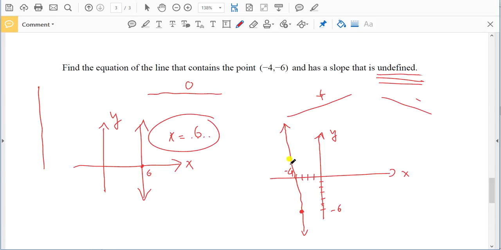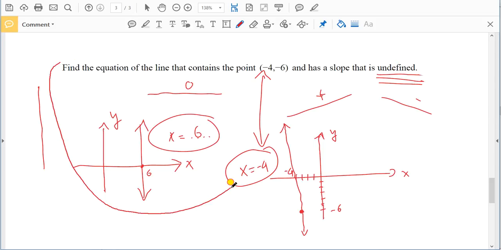So the line must go through minus 4, or x equal minus 4 is the equation of the line. That's the only thing we can have in order for the slope to be undefined. So the equation is x equal minus 4. So just draw the line out and then you'll be able to see the equation that you need to have.